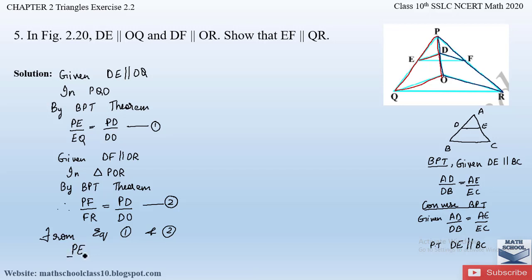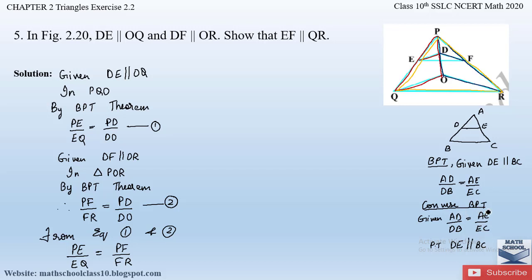If you see these sides on the figure, you can observe that PE by EQ is equal to PF by FR. Here we are considering the triangle PQR.